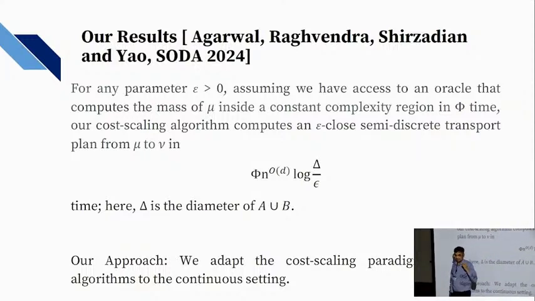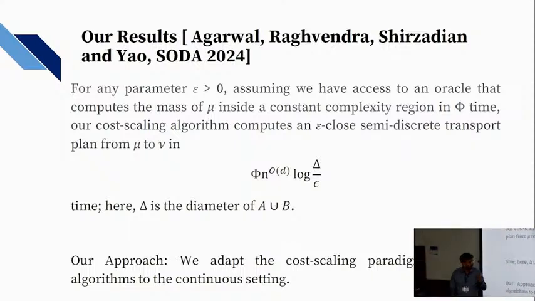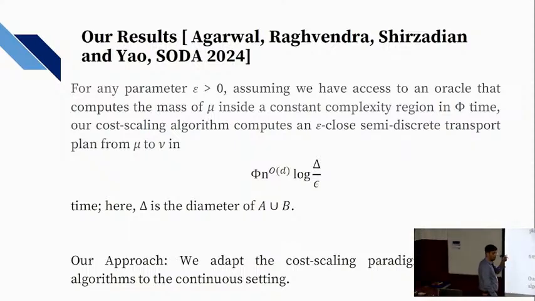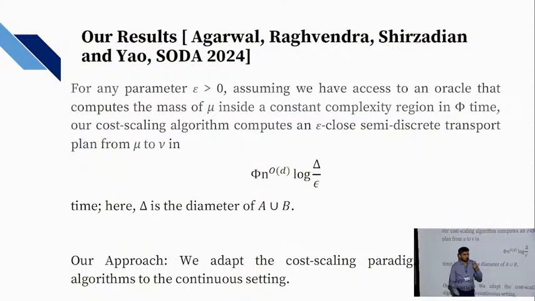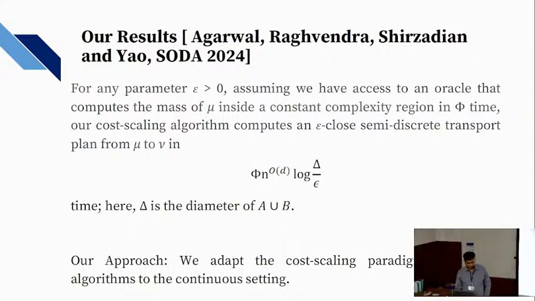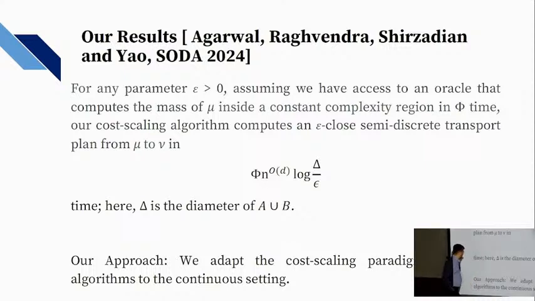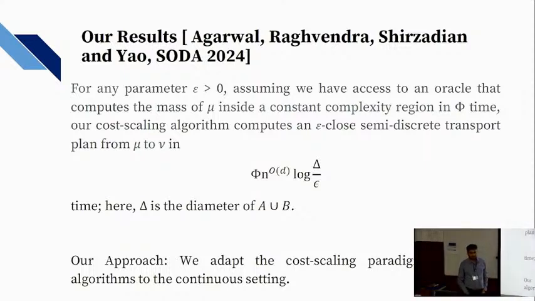Essentially, phi is the time taken to compute, if you give me a triangle, what is the mass inside the triangle? I need to determine that to run my algorithm, and we are assuming that phi is the time taken to get that value. Our main idea is to adapt the cost scaling paradigm, which is very well known and well studied in the graph context, for this problem.